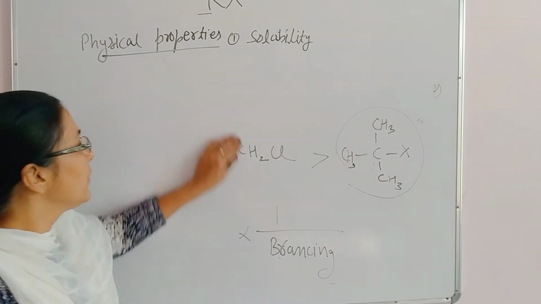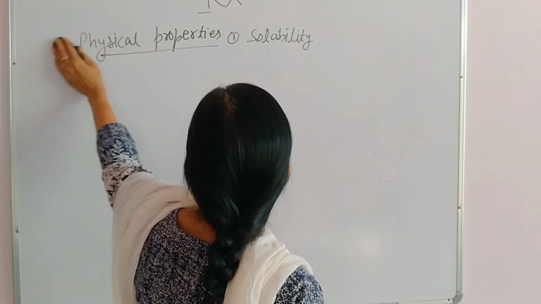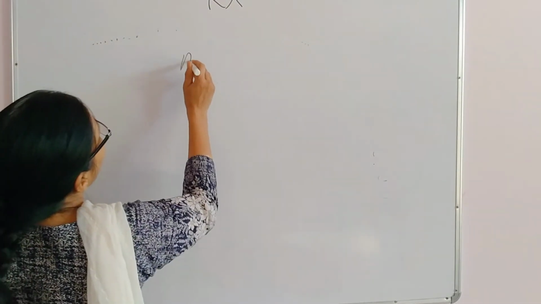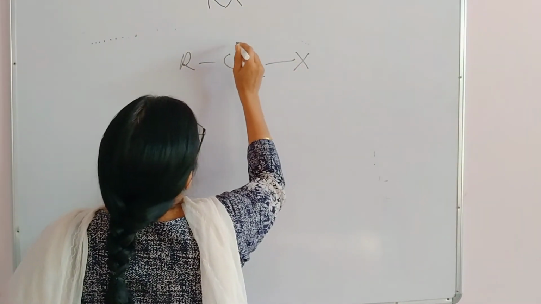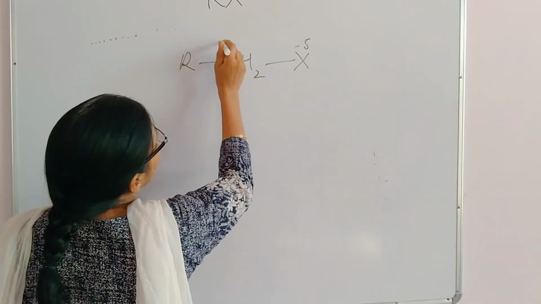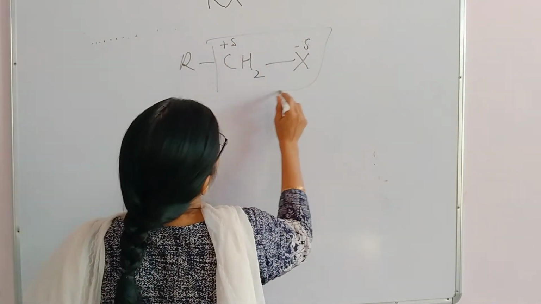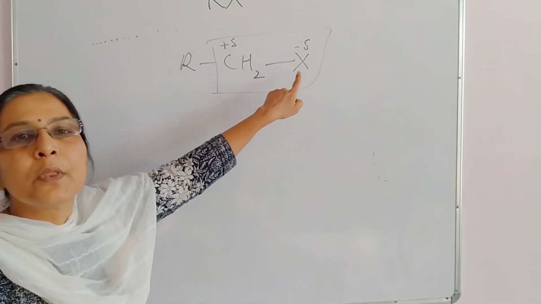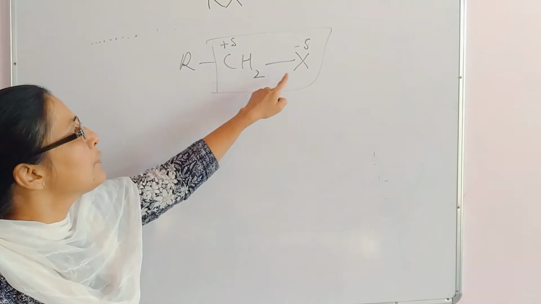That's all for the physical properties. Now we will read the nature of the compound. Here RCH2X. X is more electronegative, so partial negative charge will be here and partial positive charge on carbon. It means there is polarity in the C-X bond. We are working on the polarity of the substance or nature of the C-X bond.